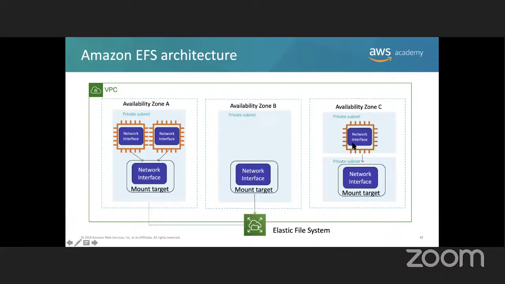Right here, we have only 3 because most of the regions have 3 availability zones. If I'm not mistaken, the only one that has 6 is Northern Virginia. So you can have 6 mount targets, and inside those 6 availability zones, you can have thousands of servers, right? And they will be able to share the same file system, okay? Which makes this super, super excellent, okay?